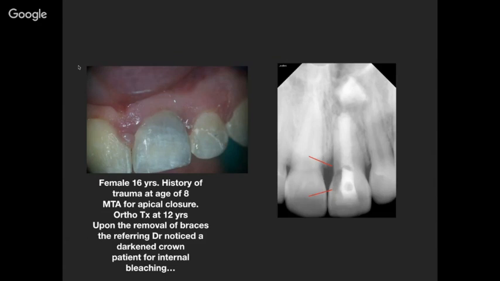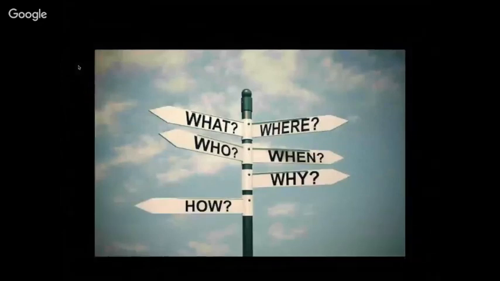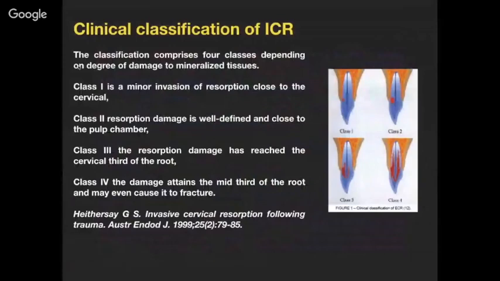So that was maybe an introduction to modify the treatment plan because I was suspecting an internal resorption. So what to do, where to do, how to do, that will be the purpose of the CBCT.